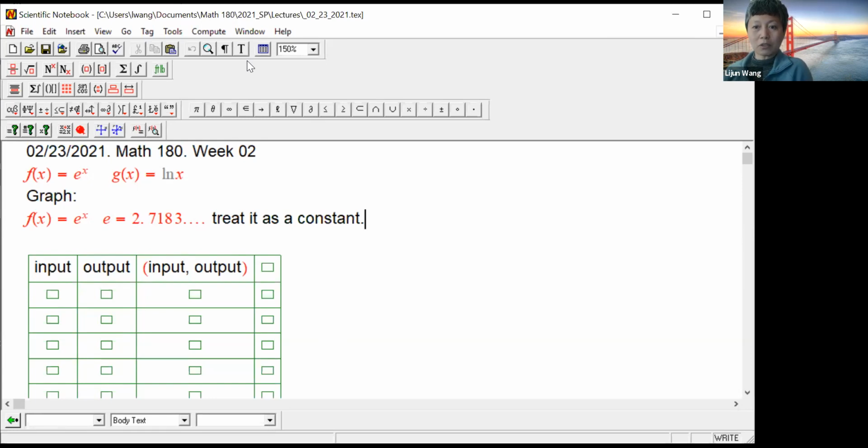So this number is so important, so powerful. Mathematics reserves one symbol for it, just like pi. But pi is outside the 26 letters, right? For e, we take one letter out of the 26 letters and reserve it for this number only. Do you guys follow me? That's how important this number is.